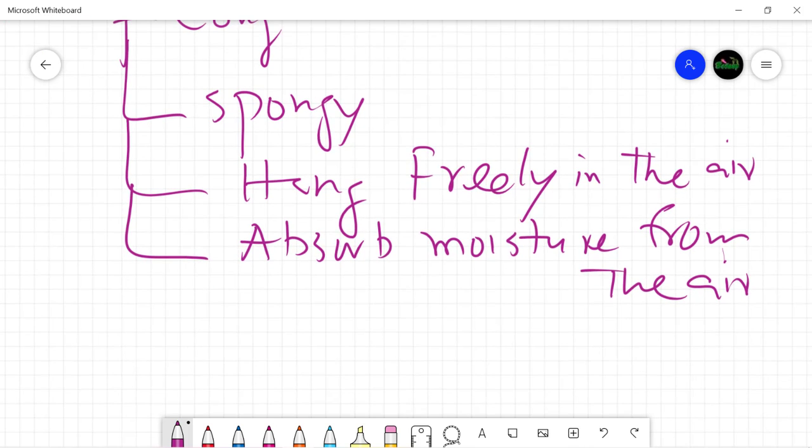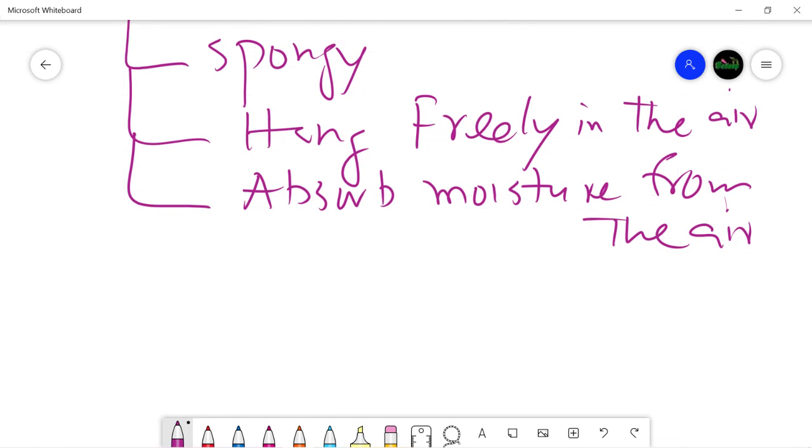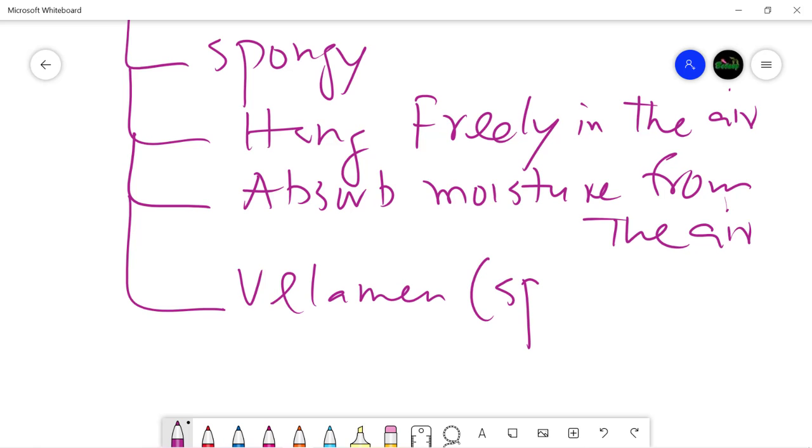Now, as I just said, they are spongy in texture, and this is because of the presence of a very special type of spongy tissue which is known as velamen. So this velamen is a spongy tissue which is very good at absorbing moisture in the air.